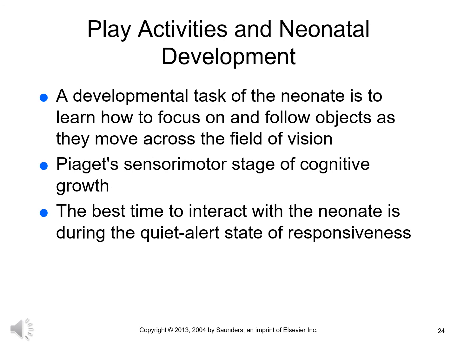Play activities and neonatal development. So a developmental task would be for an infant to learn how to follow objects in their field of vision. And this deals with Piaget's sensorimotor stage of cognitive growth. So infants can learn to repeat behavioral responses. They can look, listen, touch, and this helps infants learn.